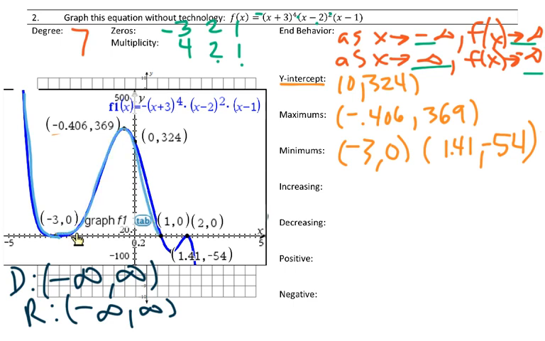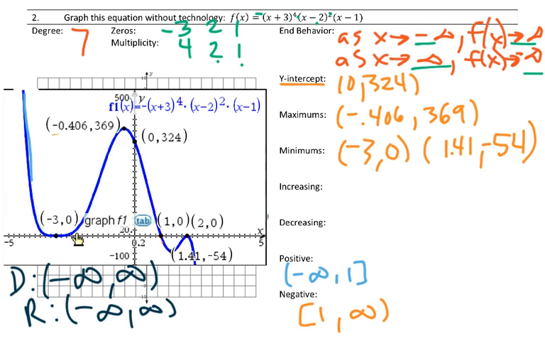Positive, positive, positive until we hit 1. So we start out, because we're to the far left, we start out at positive at negative infinity until we hit 1. Okay, then we go negative, and technically we're not at 2, but we don't go positive, so we'll just say it's negative and it keeps going. So it's negative from 1 to positive infinity. Because it goes to the right, it'll keep being negative. So that was pretty easy, right?